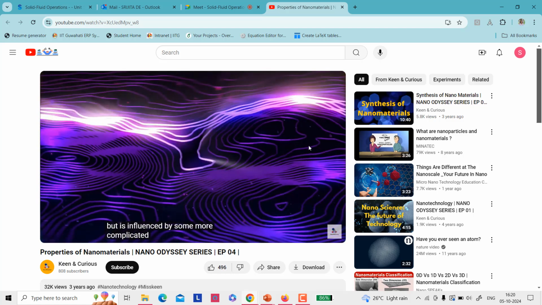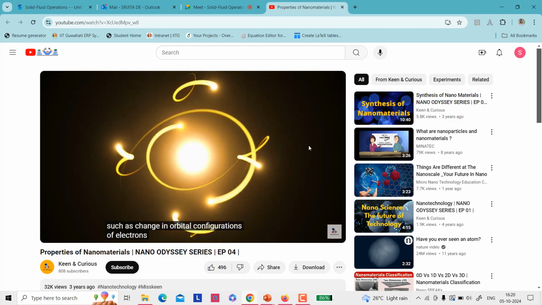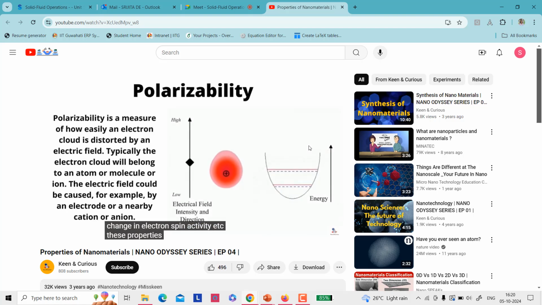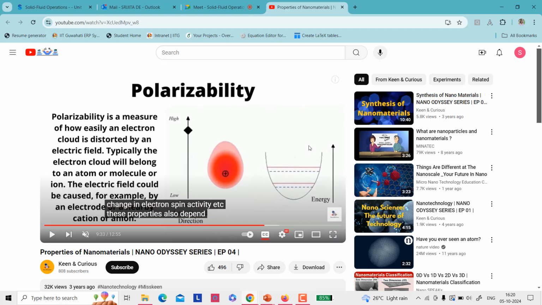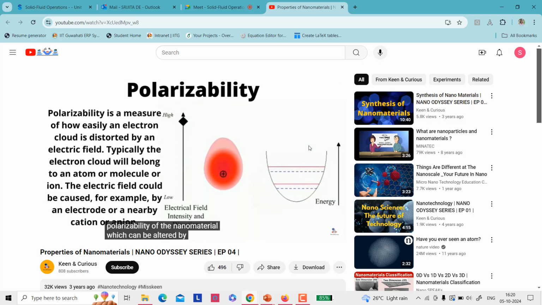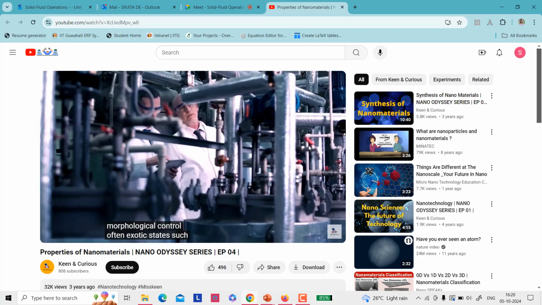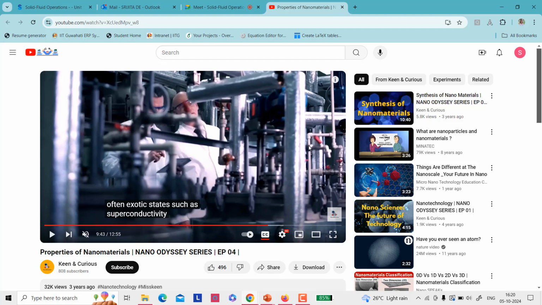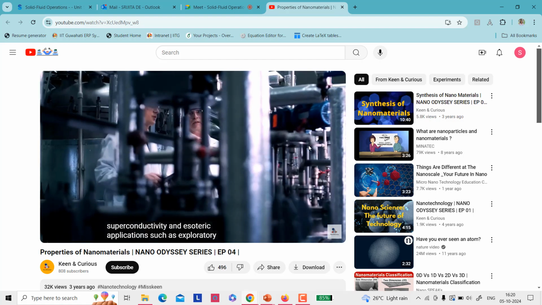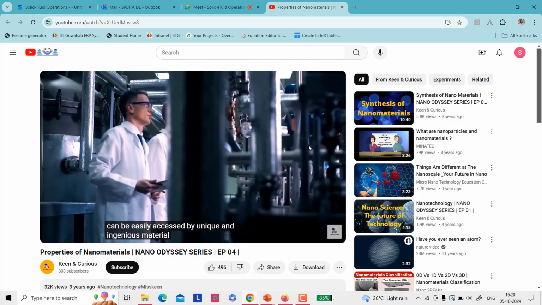Often exotic states such as superconductivity and historic applications such as exploratory research can be easily accessed by unique and ingenious material design strategies. Nanomaterials have been integral to the technological boom of the new millennium with their ubiquitous presence in circuit boards, display systems, high-end research aids, and many more.